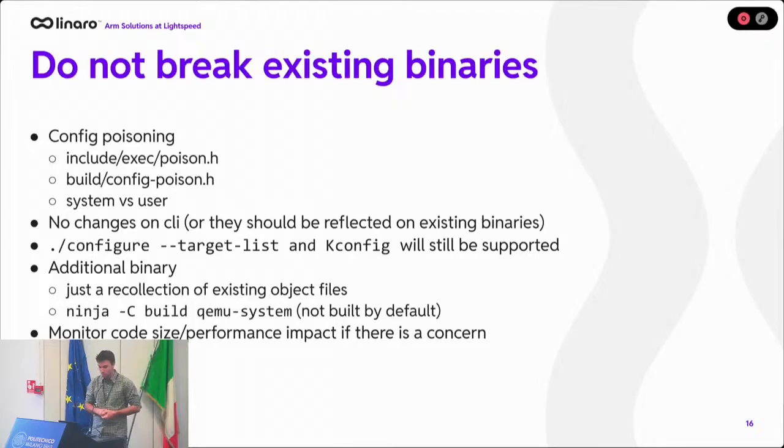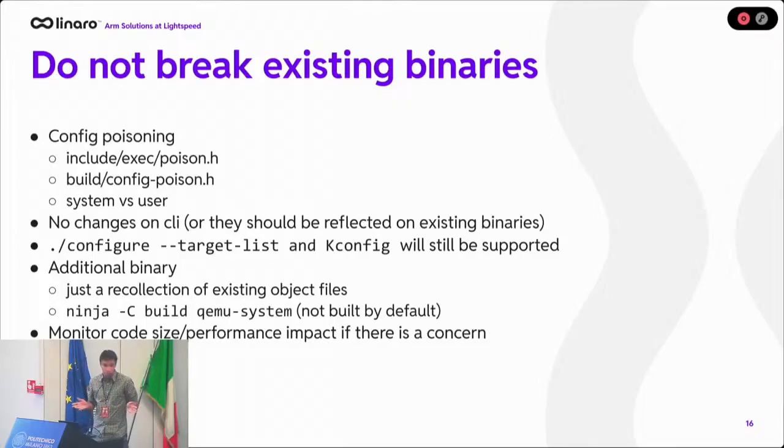If you look at the two headers I put here, you can see it's a list of identifiers that I marked as poison, and if they are present anywhere in your C file or your header, it will be a compilation error. So you cannot reintroduce target specifics because the target identifiers are automatically marked as poisoned. We have something similar for system versus user because there are some specificities I will not explain, but we took care of that as well.